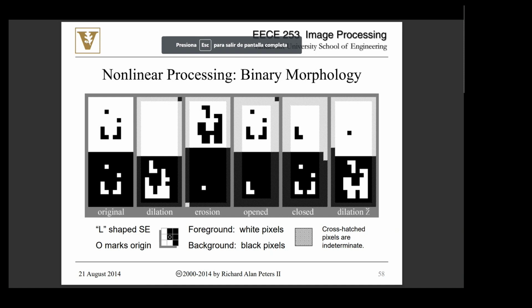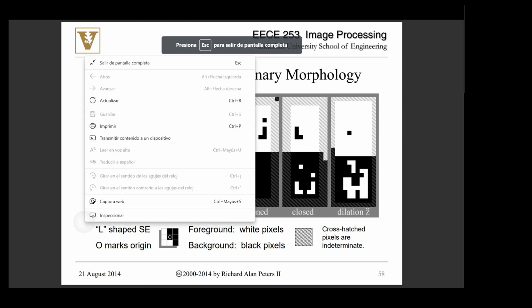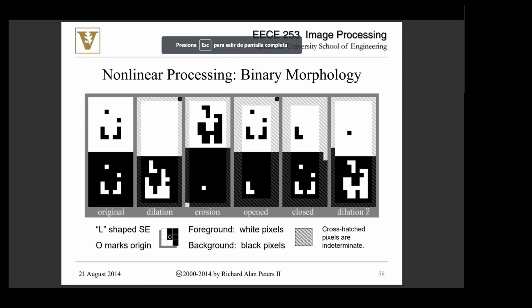If I convolve this image with an L, then this is a delta point, a kind of delta function. So the delta convolved with an L is an L. Dilation is the most similar to convolution. But we will not only define dilation, we will also define erosion, opening, closing, and other operations that we will define in the future.